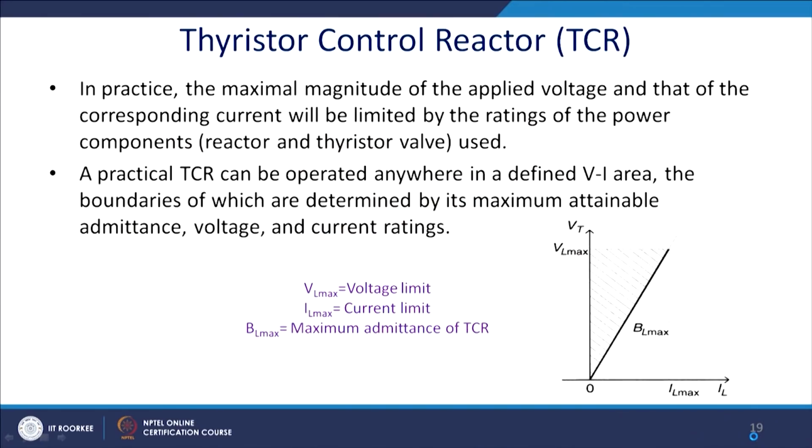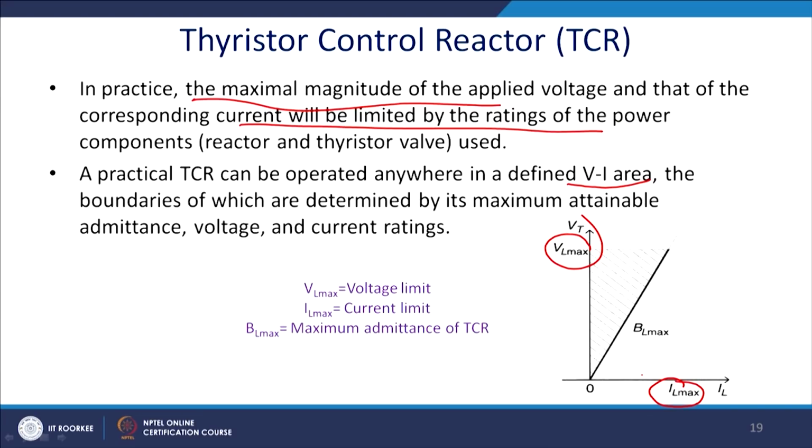So, what is a thyristor controlled reactor in practice? The maximal magnitude of the applied voltage and the corresponding current is limited by the power handling capability of the devices. Current will be limited by the rating of the components, that is, the thyristor valve.